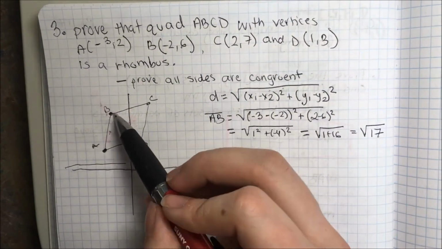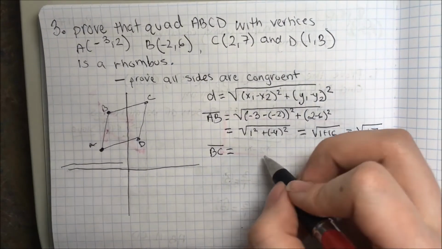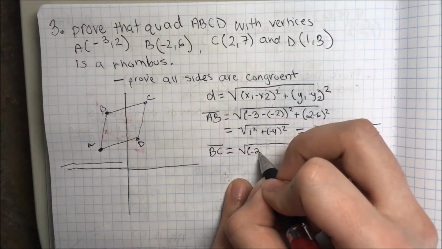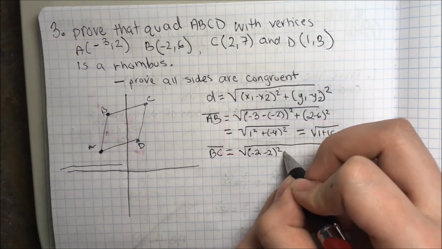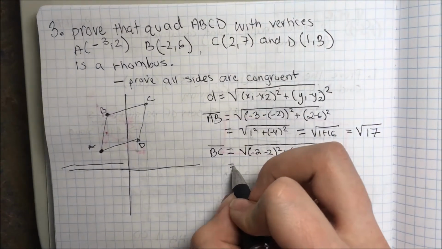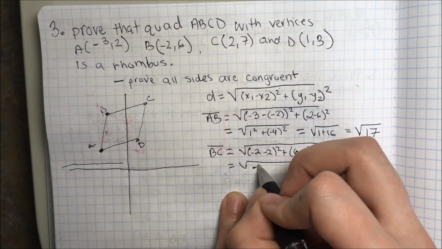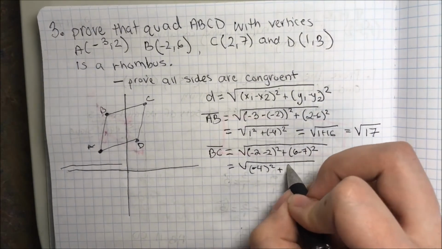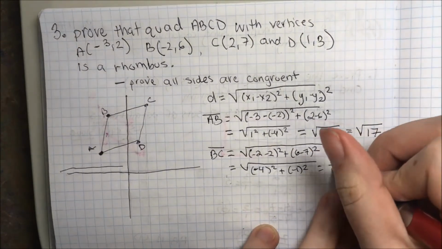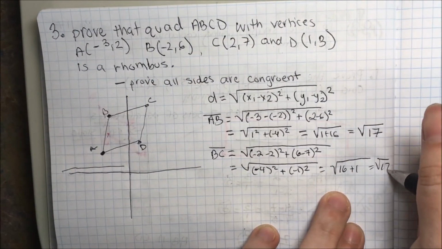Now we can find the distance of BC using the distance formula again: negative 2 minus 2 squared plus 6 minus 7 squared, which gives us negative 4 squared plus negative 1 squared, which is 16 plus 1, the square root of 17.